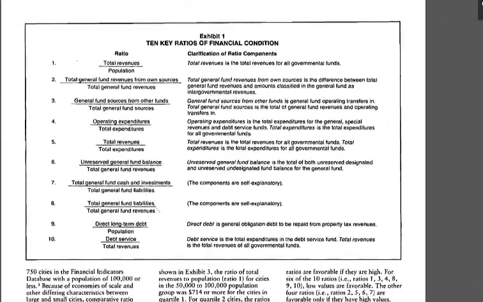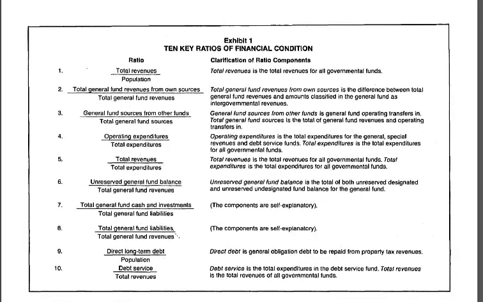This not only lists the 10 ratios, but also provides clarification on their computation.